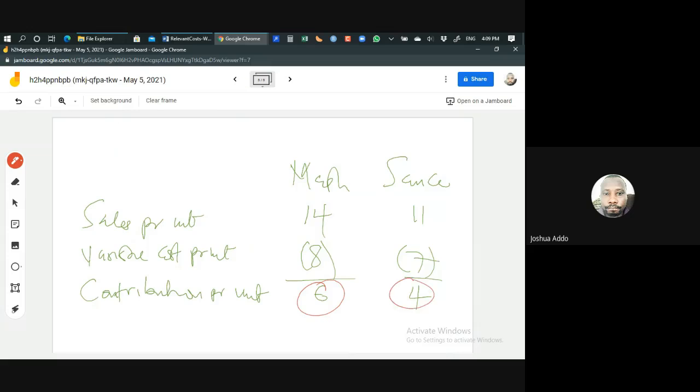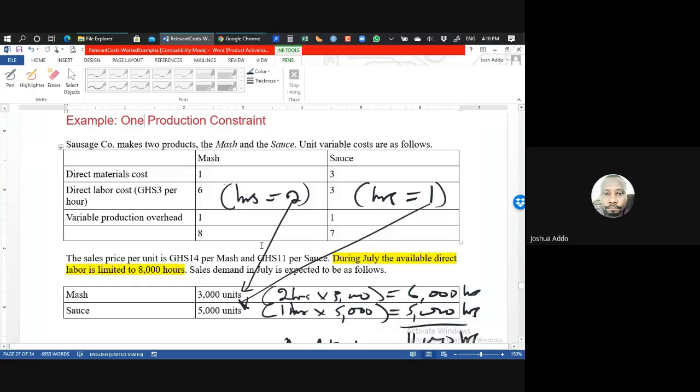Now we have to find the labor hour, because that's the limiting factor, labor hour per unit of mash. If you go to the question, we even computed it here. 1 mash requires 2 hours, and we have to understand how we did the mathematics to know that 1 mash requires 2 hours. So that's it. 1 mash requires 2 hours. 1 sauce requires 1 hour.